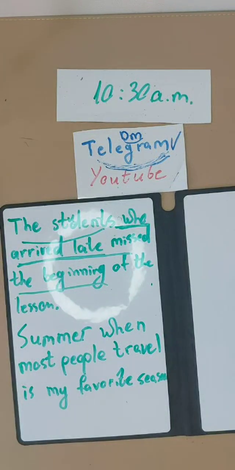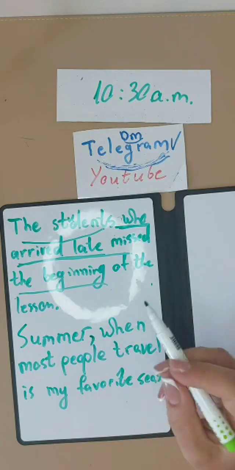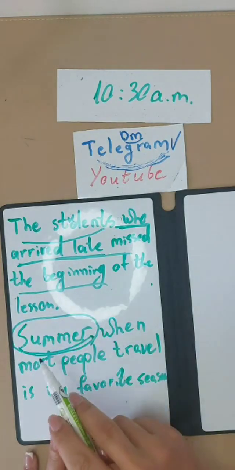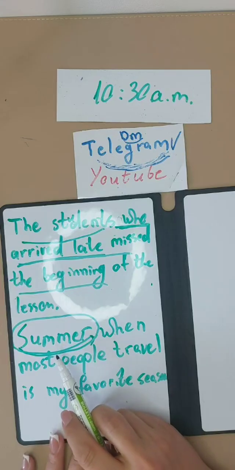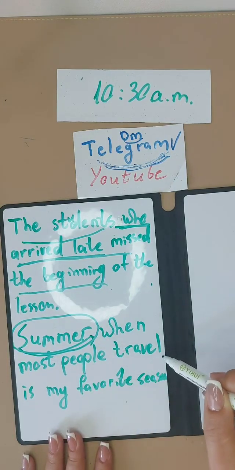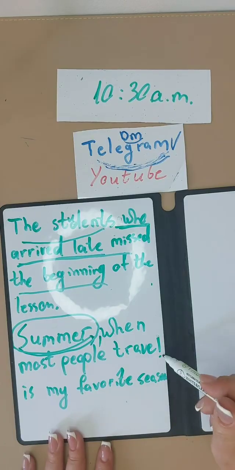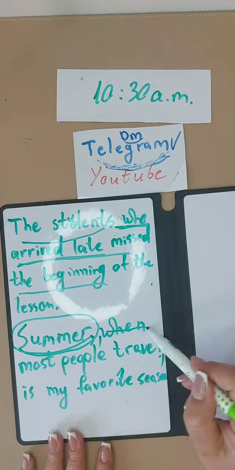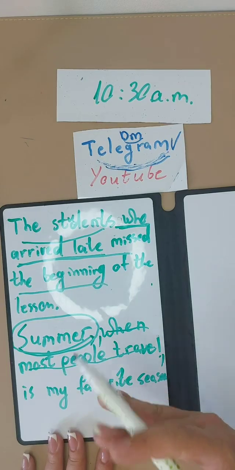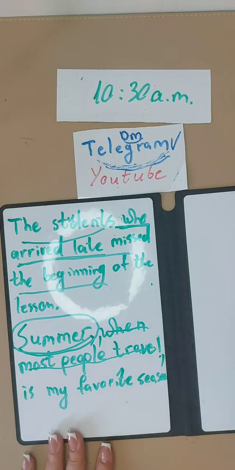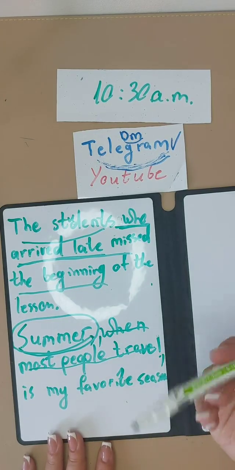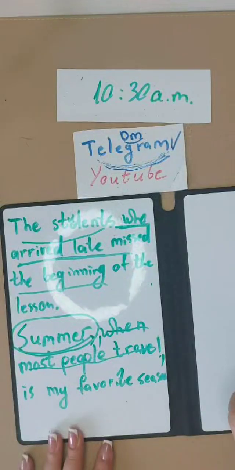Thank you, Alice. We need commas, right? Because everyone knows about summer, right? When most people travel, it's extra information. Even without this information, the sentence still makes sense. We can say, summer is my favorite season. But of course, you can add more details. It's up to you. It's optional.